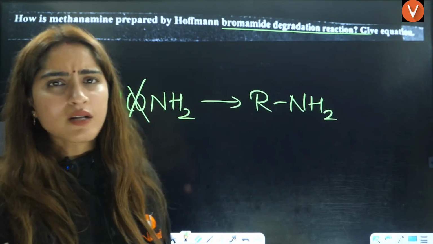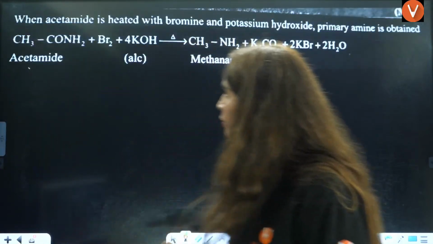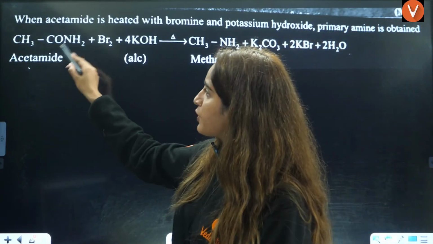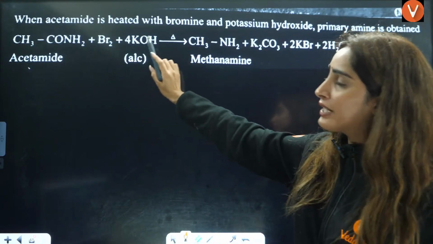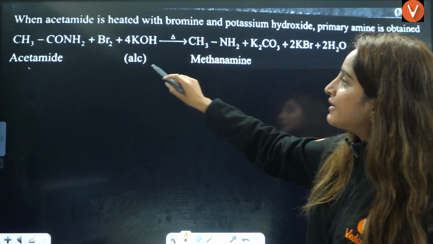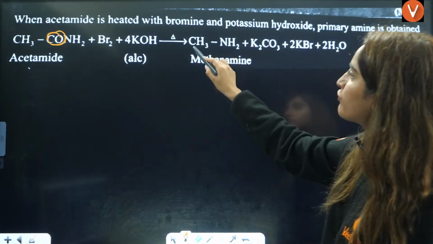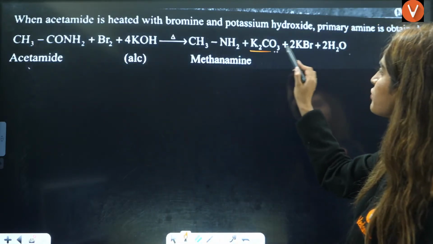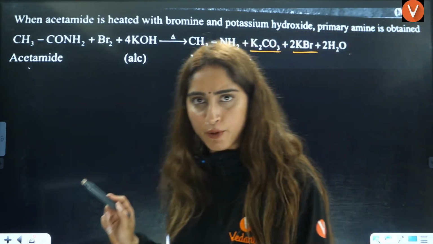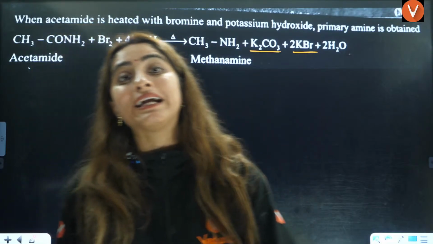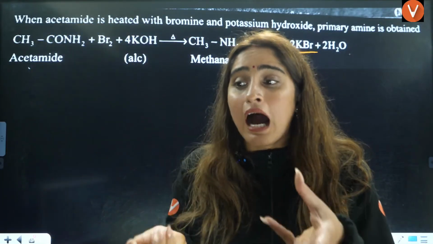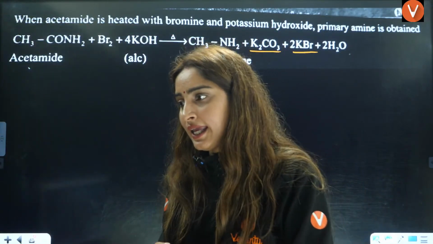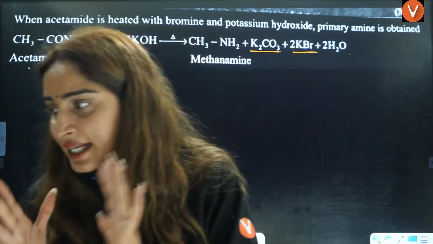So directly, when acetamide, that is CH3CONH2, is reacted with Br2 and alcoholic KOH, then this CO is vanished out and you have the formation of RNH2 in the end, and K2CO3 and KBr are the byproducts. That is called Hoffmann bromamide degradation, because we are degrading, the carbon number is getting decreased here. Is that clear to everybody?